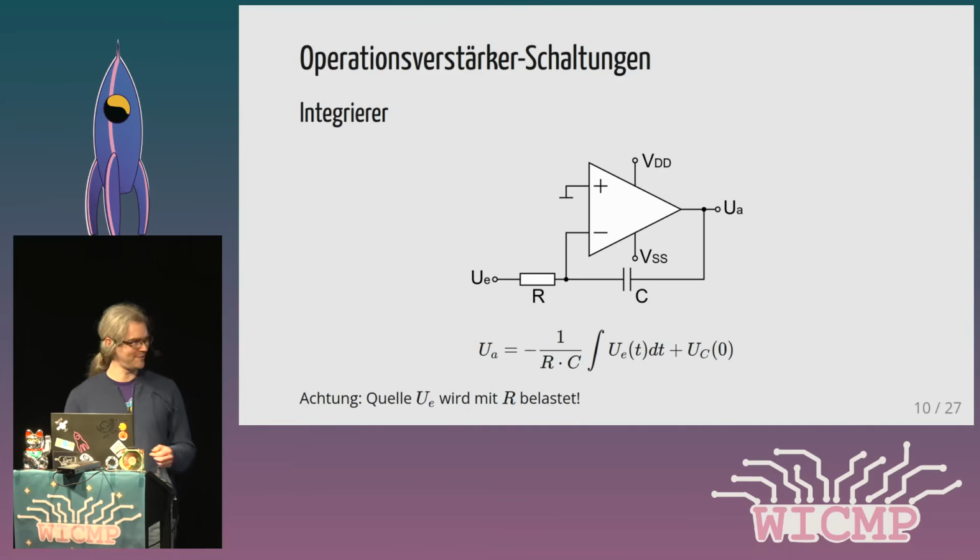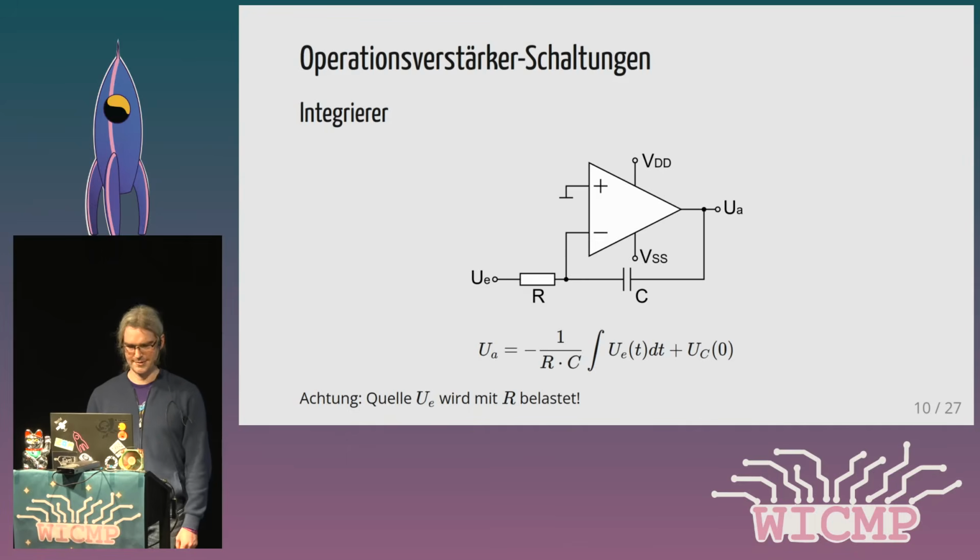This way, the input voltage can be integrated. This is a bit abstract. You have to believe this right at the moment. But this means in the end that UA is always an integrated version of UE.